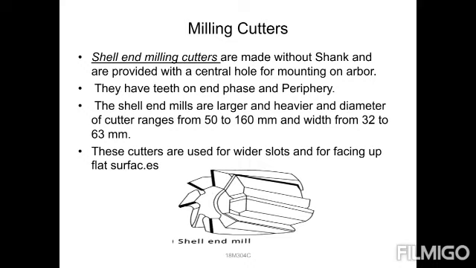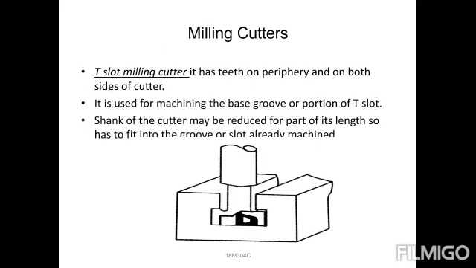These cutters are used for wider slots and for facing flat surfaces. Facing flat surfaces is the purpose for which we use this type of cutter. That is the main thing.